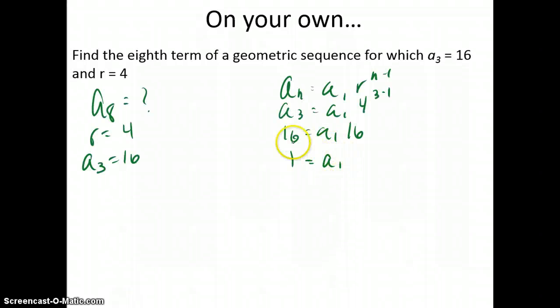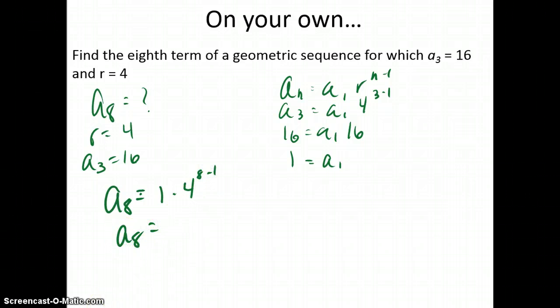First thing you'll want to do here is find what a sub 1 was, again, because if you're trying to find what a sub 8 is, you have to know what a sub 1 is, just like the previous example. So r was 4. It's being raised to this n minus 1, so we're looking for the 8th, so it's 8 minus 1.